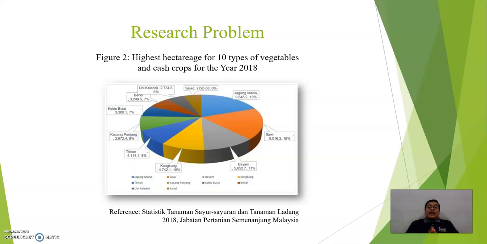So can we imagine that if the production of sweet potato in 2018 means that the production of sweet potato in Malaysia is high, how many kilo tons of waste from the sweet potato, which is the leaf itself, will be wasted like that?